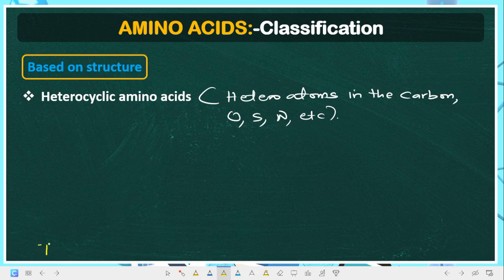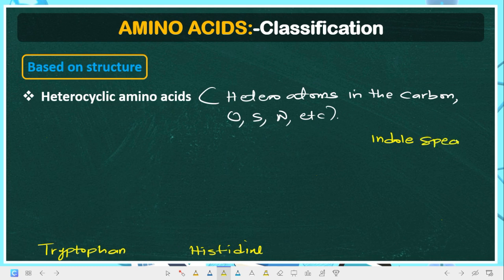We have tryptophan, and we have what? Histidine. Now, tryptophan has what is called the indole functional group as a special group. Are we getting it now?